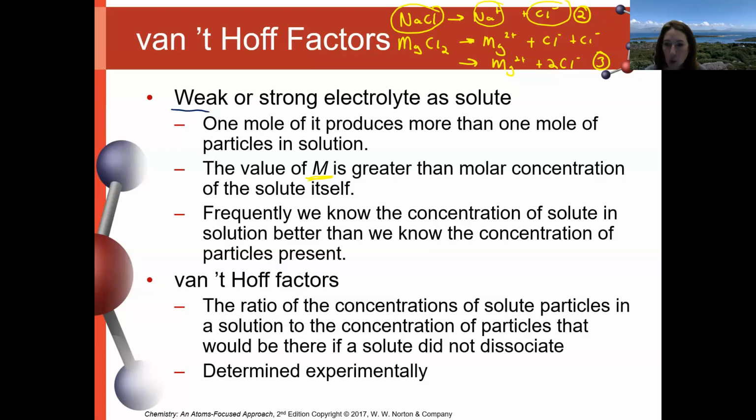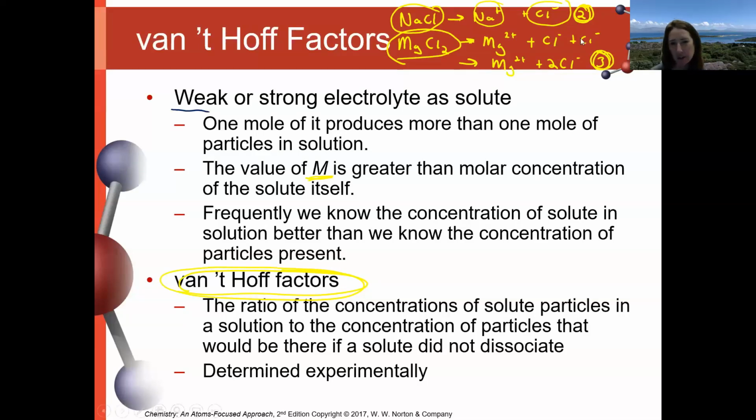The actual ratios are called Van 't Hoff factors. So for example, the Van 't Hoff factor for NaCl, we would say is 2. The Van 't Hoff factor for MgCl2, we would say is 3.